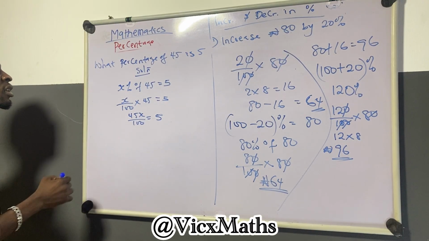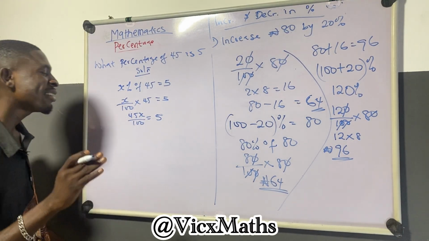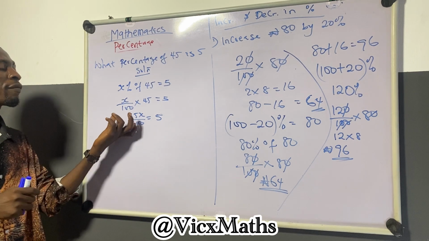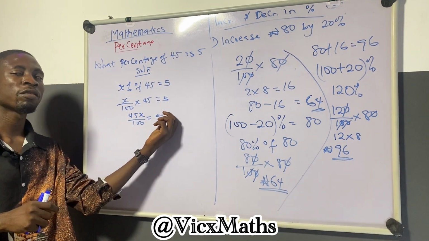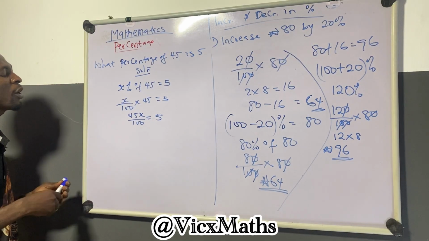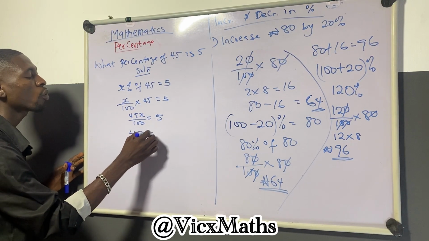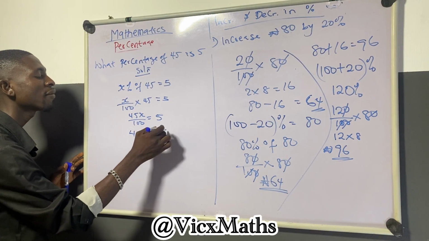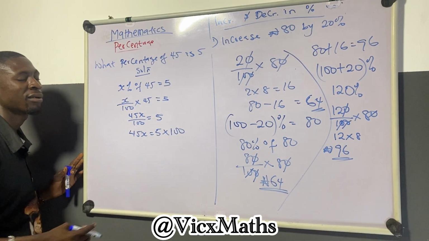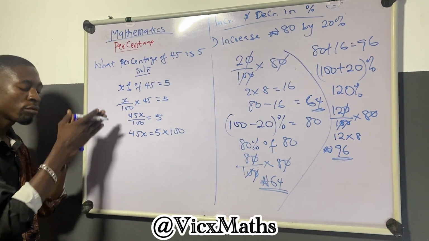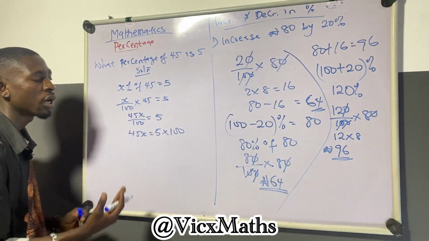Are you with me? So then the denominator, listen very attentively. The denominator of a fraction, when it crosses the equality sign, becomes multiplication. So now here you'll have 45x is equal to 5 times 100. Ask any teacher who is good at what he's saying. When a denominator crosses the equality sign, it becomes multiplication.